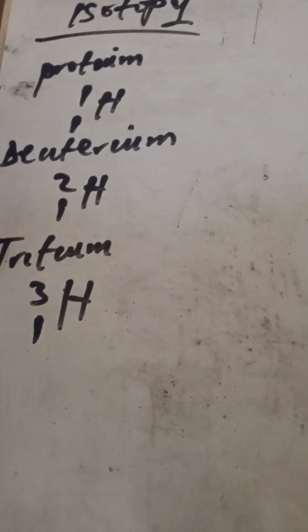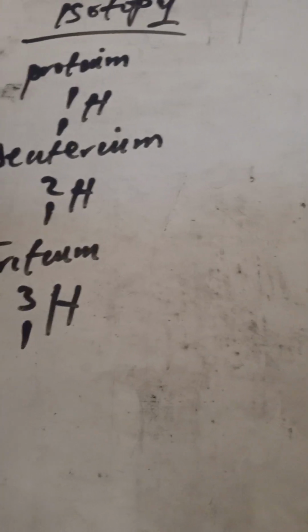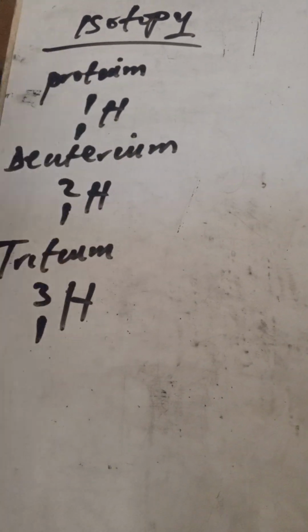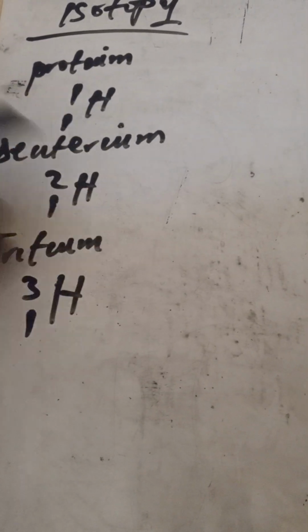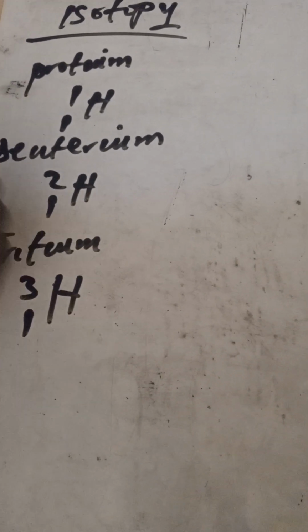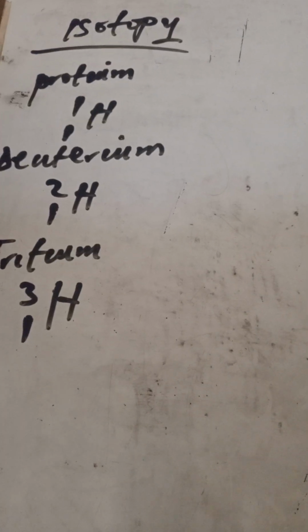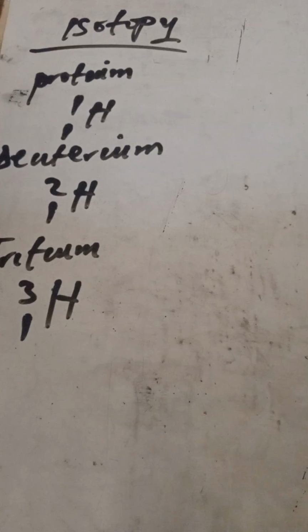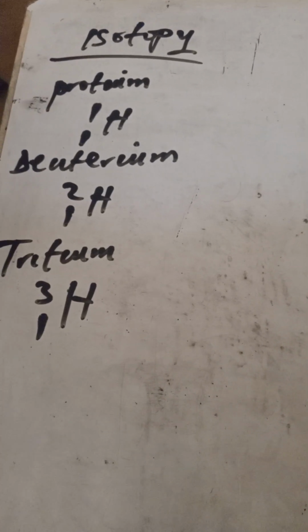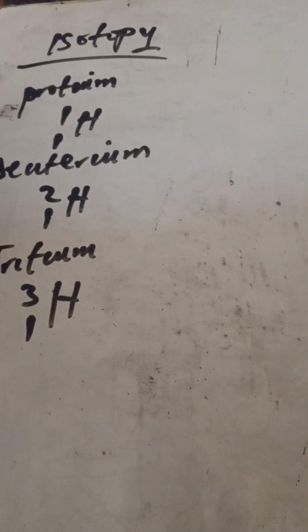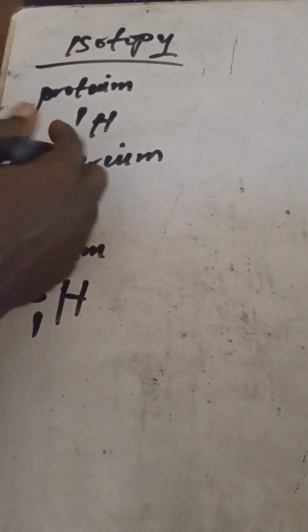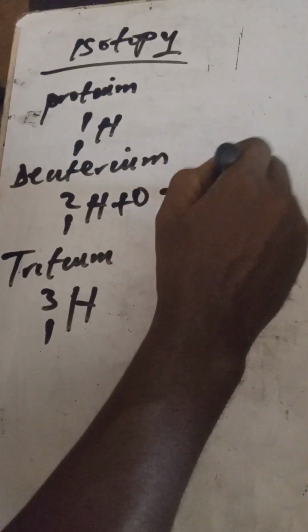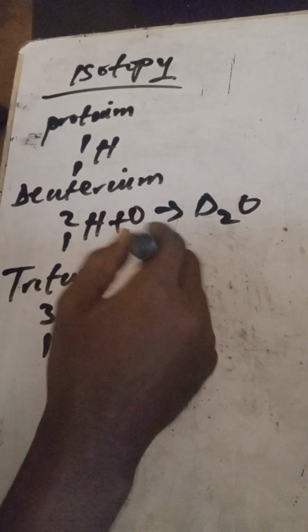Are we together? So these are the isotopes of hydrogen. Deuterium and tritium are isotopes of hydrogen, and they combine with oxygen to form oxides. When they combine with oxygen, it gives us deuterium oxide and tritium oxide.